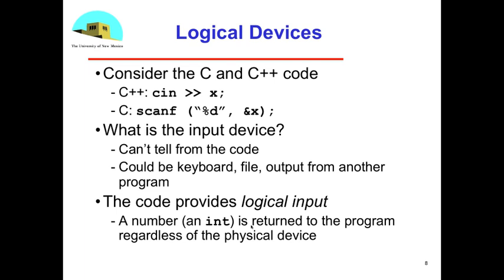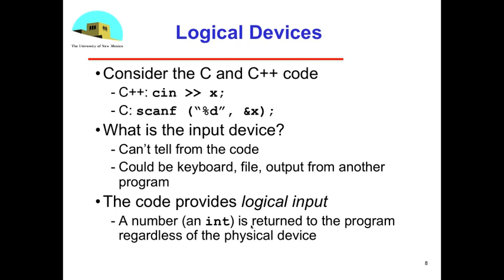If you're using chaining, the output of one program can go to the input of the next. The input might be coming from a file, depending on how you're running the program. It might be coming from the keyboard. And one thing is, you don't care. You want to write your program so it's independent of the particular physical characteristics of the device. So this is why we're saying this is a logical device. It's logically providing input in a certain form.